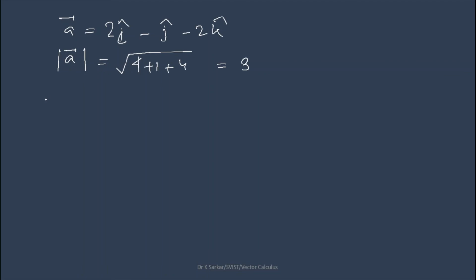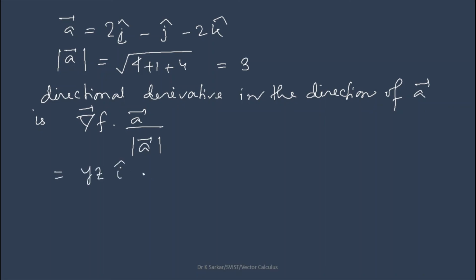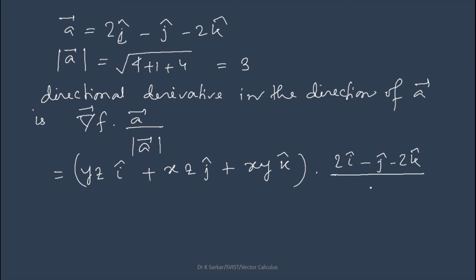So the directional derivative in the direction of a is grad f dot a by mod a, that is yz i plus xz j plus xy k dot 2i minus j minus 2k by 3.